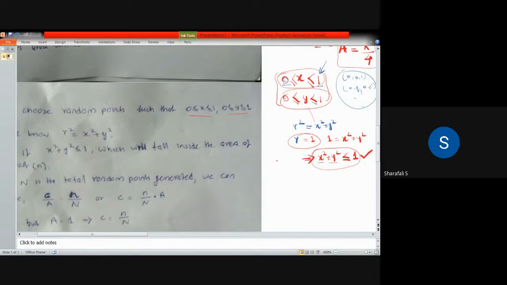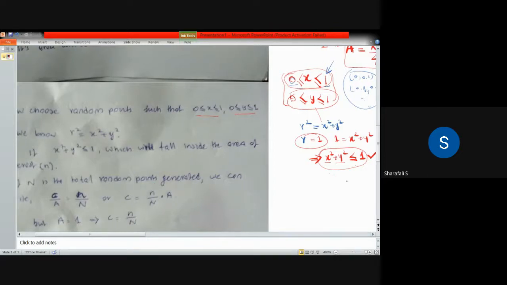And so, as we discussed earlier, what is the total area of that square? The area of the square, that is our total area, will be equal to 1 into 1, and that is equal to 1, right?